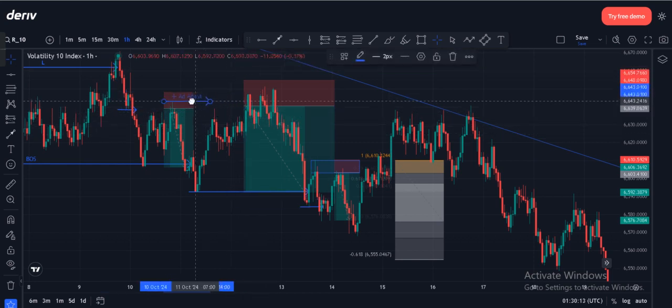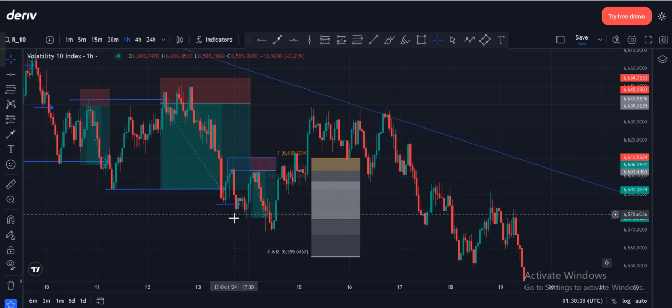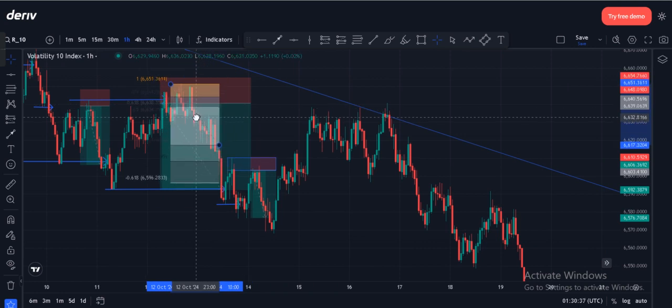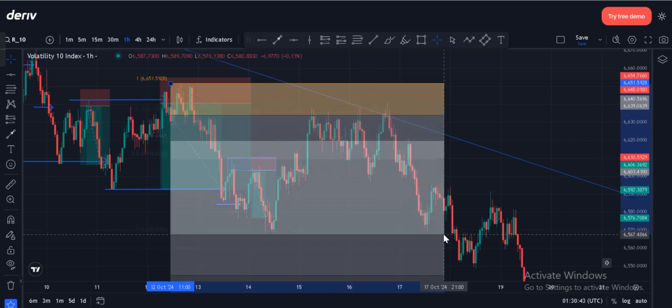So this particular level became our liquidity graph, which created a new break of structure to the downside, and market rallied again to the upside. Now we have the markets move this way.